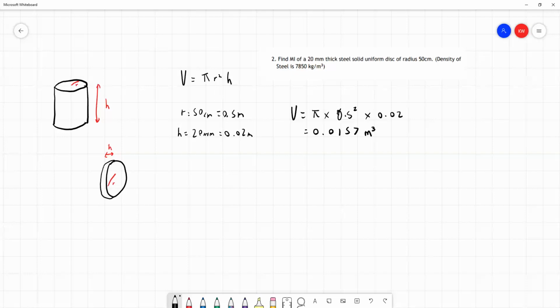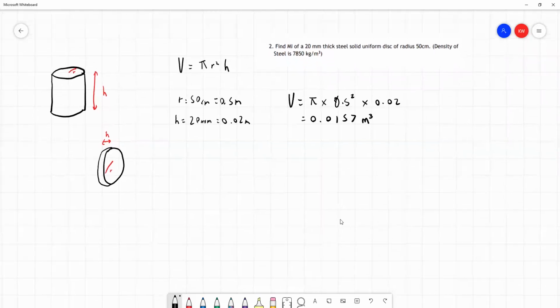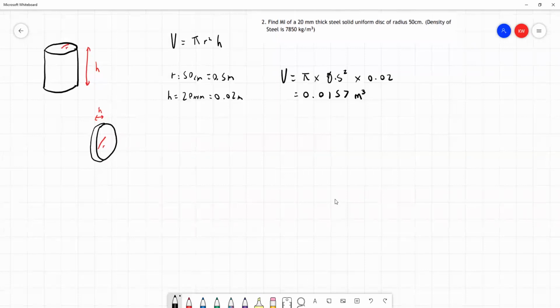However, we have been given the density in the question, and this is where the second thing we need to remember comes in. The density of any object is given by this formula here. Density, which is represented by the Greek letter rho, is equal to mass divided by volume.